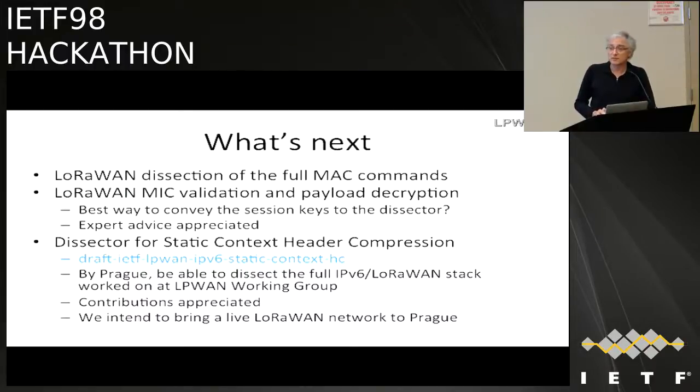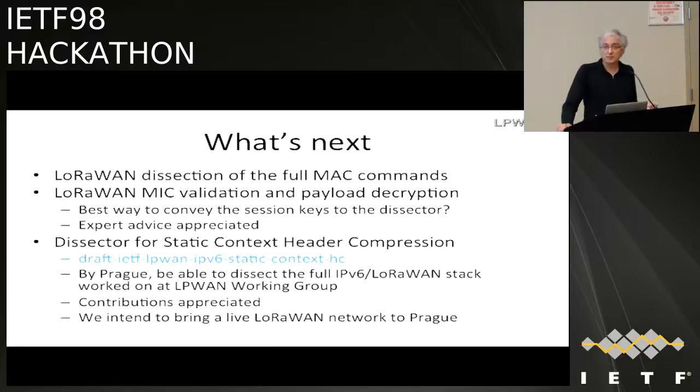We also have a large piece to address, which is all the crypto: validate the MIC, the message integrity code, and decrypt the payloads. We're not experts in this way of using Wireshark dissectors, so advice would be appreciated on how we convey the session keys to the dissector, etc. We'll be working on that later.